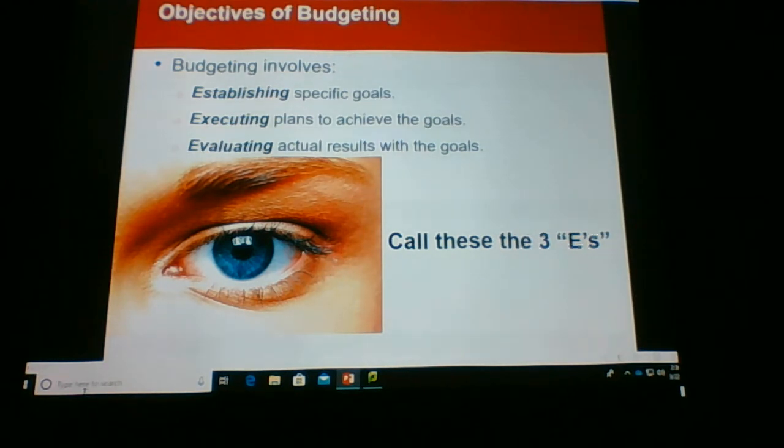This budgeting process is very, very similar to your strategic planning and your action plans that you have hopefully studied in other courses. All right, so this should actually be somewhat old hat for you.